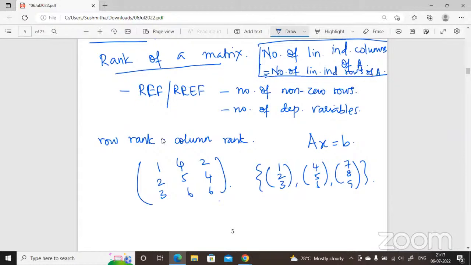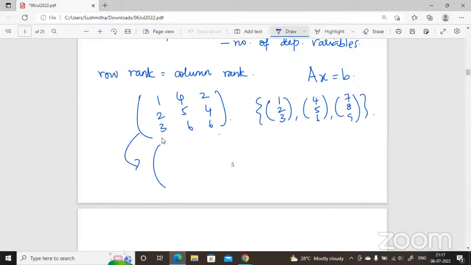If you have a pivot, that corresponds to a vector which is linearly independent. So once I do RREF here, what do I get? 1, 4, 2; 2 minus 2, 5 minus 8, 4 minus 4; and then 3 minus 3, 6 minus 12, 6 minus 6.